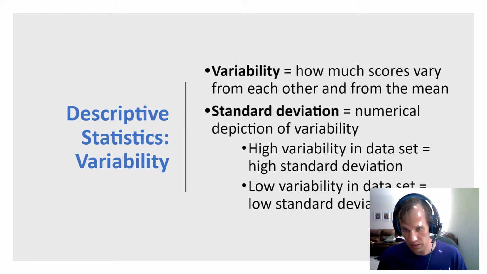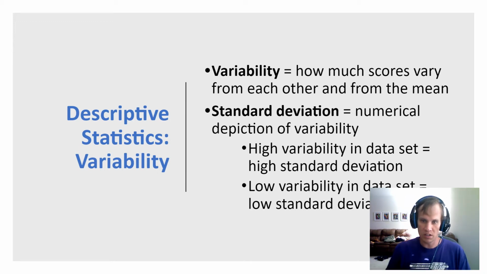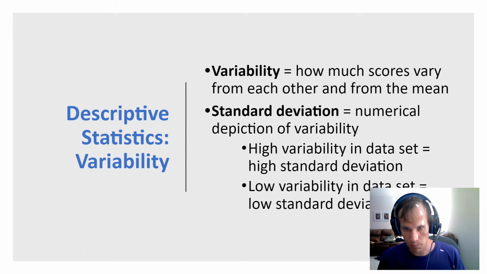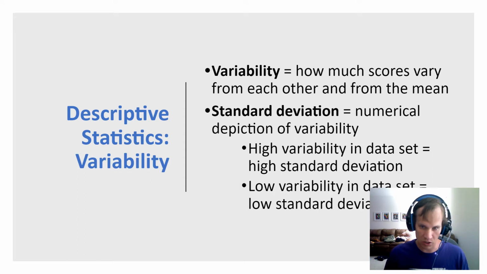The test this year is going to be open notes essentially, so I don't anticipate you know exactly how to use it. Just know what it is and what it's for. What it does is determine variability, how far away data points are from the mean. If it has a high standard deviation, there's a lot of variability, so the numbers are really spread out. If there's low variability, they're really close together.